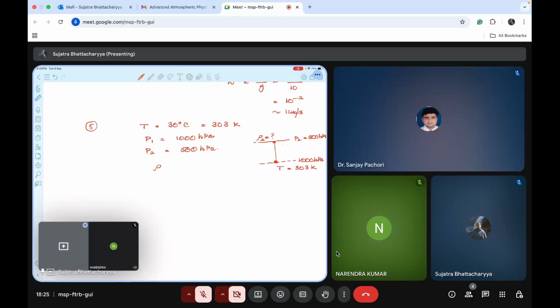Now, remember, this process is dry adiabatic, and we discussed in the last class that for a dry adiabatic process, the thermodynamic quantity which is conserved is theta. Potential temperature is constant.